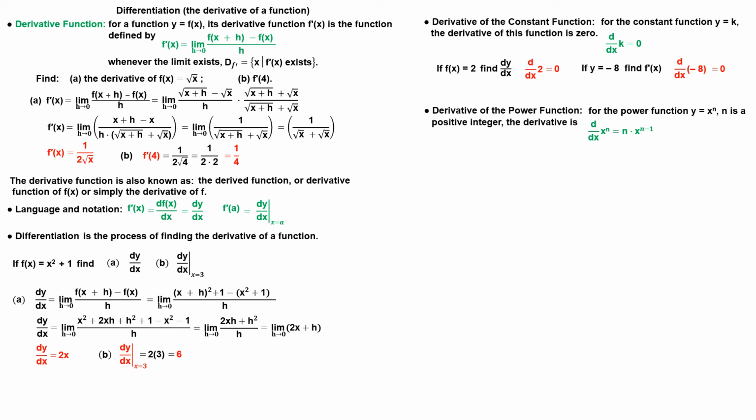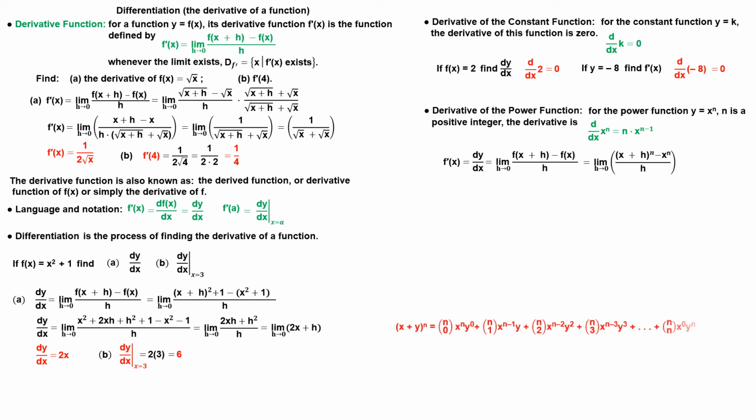A formal proof from the definition of a derivative is given as follows. We apply the definition of derivative, and we expand the numerator using the binomial theorem. Pay attention.